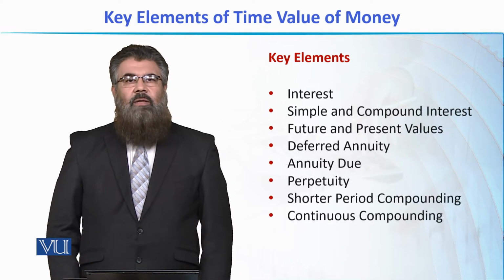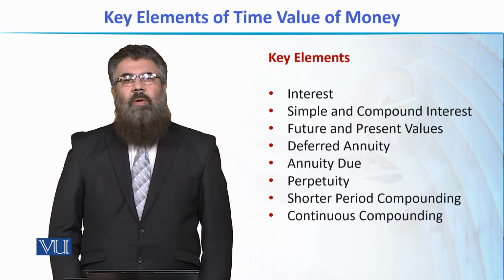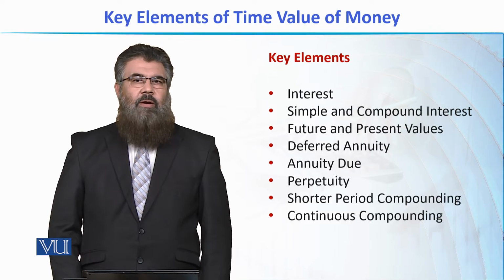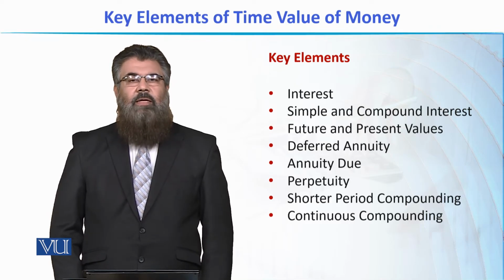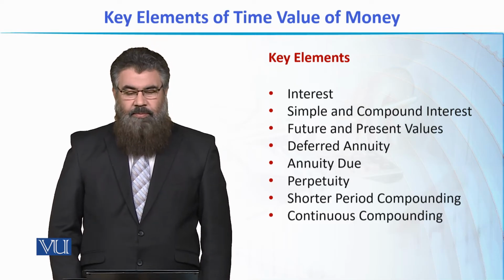We started with interest. Time value of money requires calculation of interest. Interest is the additional amount of money that a person gets on his or her investment. The interest is calculated at a given rate, which is called the rate of interest.